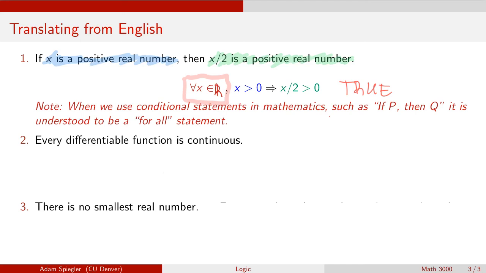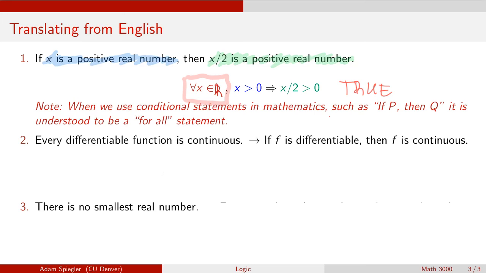In number 2, the statement is every differentiable function is continuous. And so first, we might want to just restate this in English terms and recognize that this is a conditional statement. Okay, so sometimes conditional statements might be in disguise and might not explicitly say if-then. But what this sentence is saying is equivalent to saying if a function f is differentiable, then that would imply that function f is continuous.